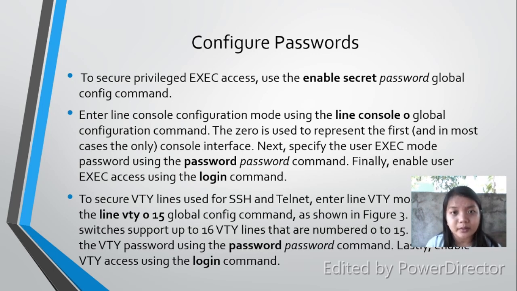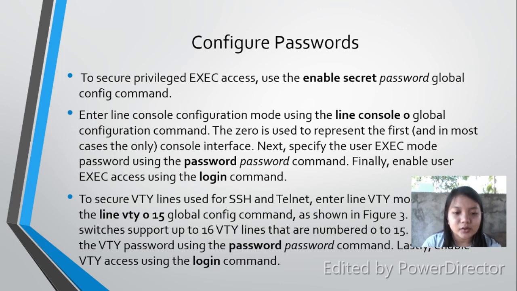In programming, they start counting at 0, that's why 0 represents the first. Next, specify the user exec mode password using the password command and then the password that you want. And finally, enable user exec access using the login command. Then you just type the login command.